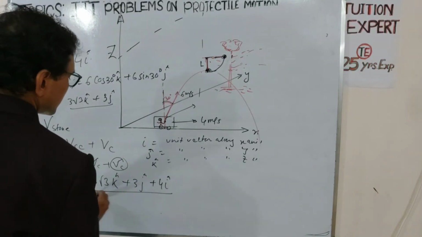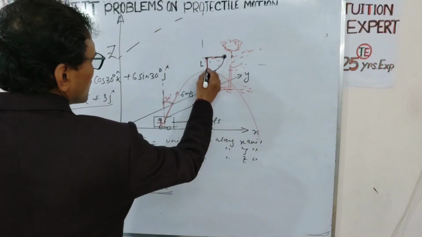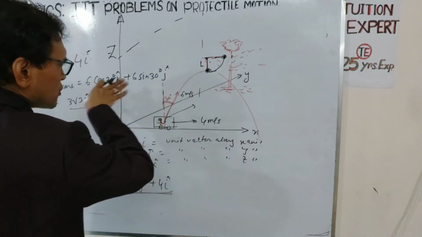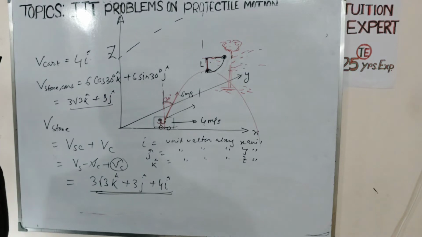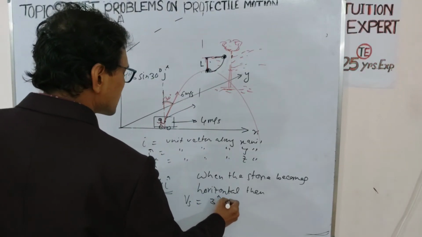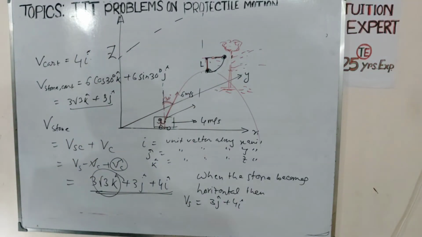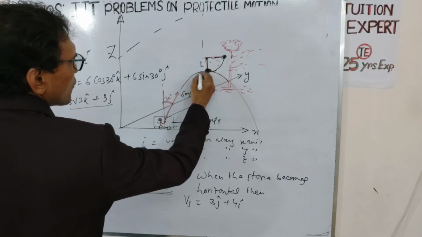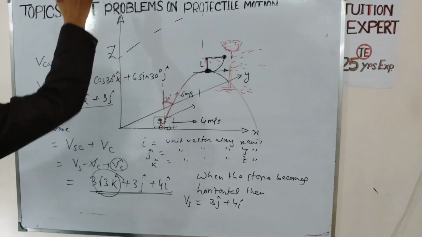Now the problem is that the stone strikes this body horizontally. So when the stone becomes horizontal, the velocity will be 3j plus 4i. When it becomes horizontal, the k component must be 0. At the highest point of its trajectory it becomes horizontal, so the vertical component must be 0.